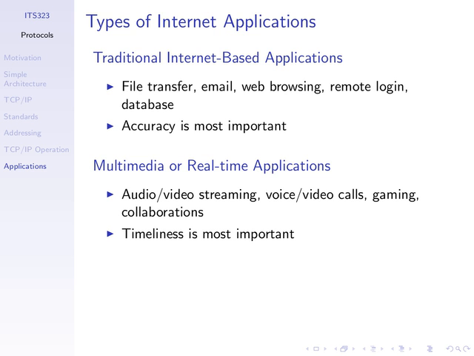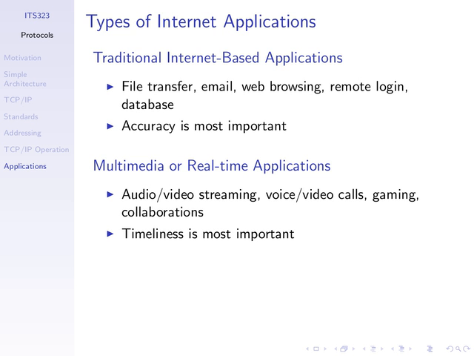In terms of performance, roughly, in these applications, accuracy is key. In these applications, timeliness is important. Remember our three measures? Delivery, we want to make sure we deliver the data to the correct destination. That applies to both applications. Accuracy and timeliness.